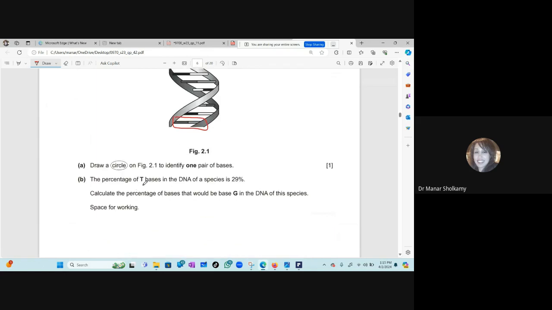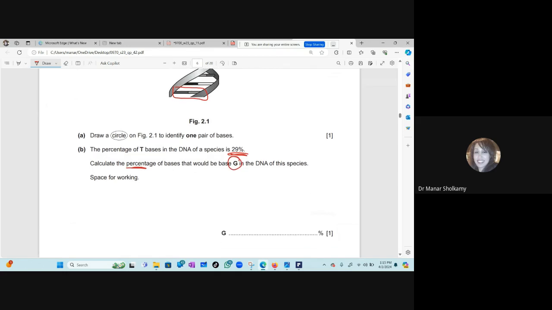The percentage of thymine bases or T bases in the DNA is 29%. Calculate the percentage of bases that will be base G in the DNA of this species. How will you calculate that? What is the complementary of base T? A. A, very good. So if T is 29%, what is A?